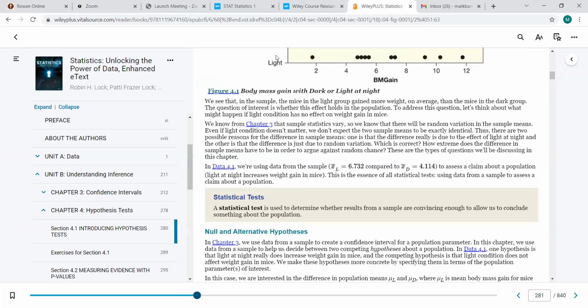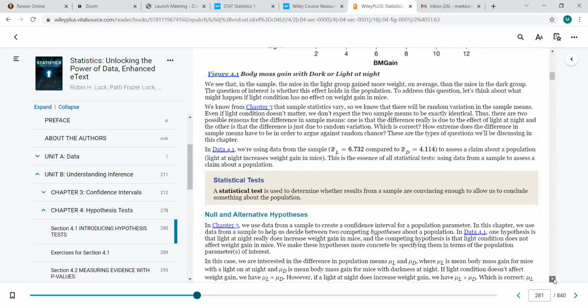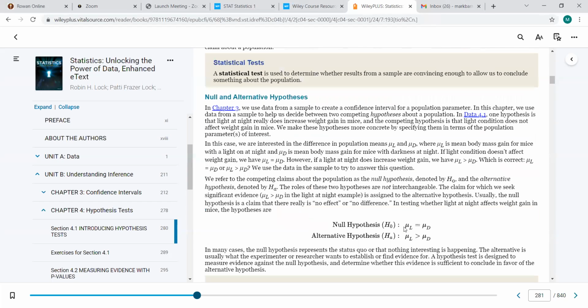All right, so one thing I wanted to show you also is that we use mu here to represent the mean for the 2 groups. Now in a hypothesis test, we use the population parameter in the hypothesis test.